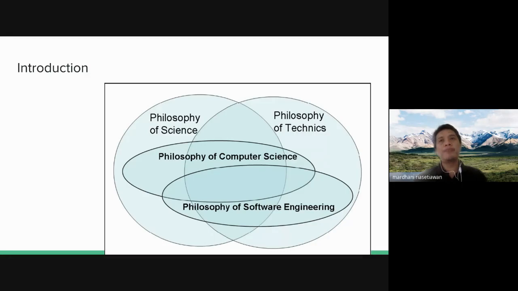So at least we have two big circles that discuss a lot. The first circle is the philosophy of science. This is the group of theory and discussion that focuses on science. In the philosophy of science, everything should be discussed from the point of view of science.